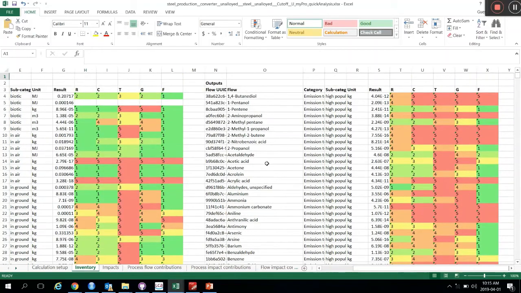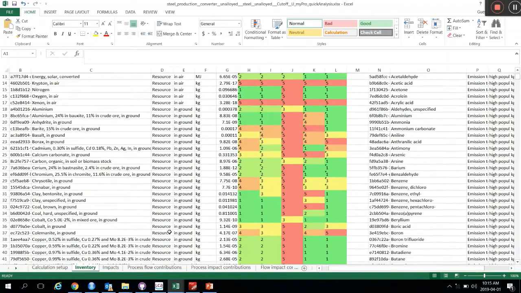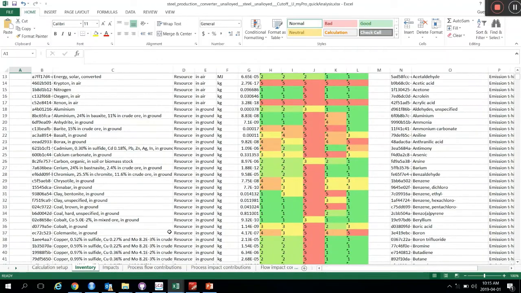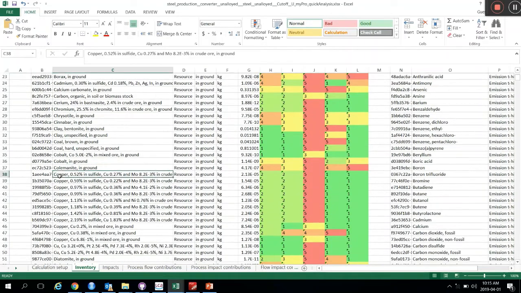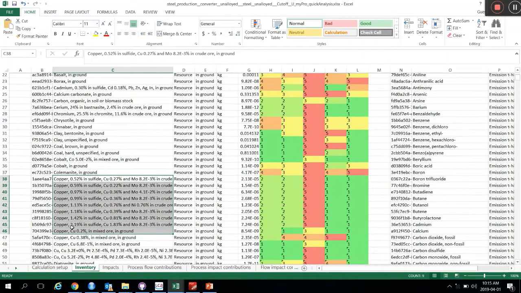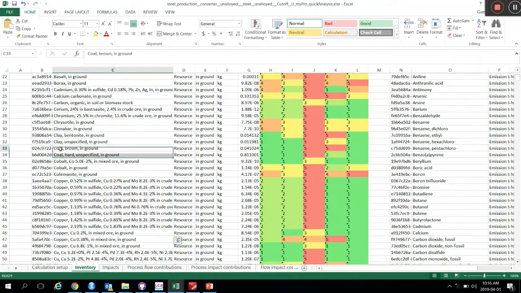So maybe you have a specific question about a product or a flow, and you just want to understand the total system requirements. Like maybe you want to ask how much copper or how much coal is required for the system, and so you can say, okay, in terms of brown coal and hard coal, this is how much is required by the entire life cycle of the system.